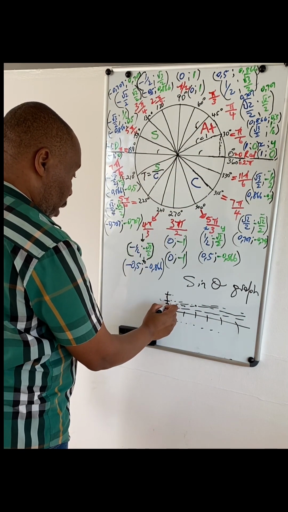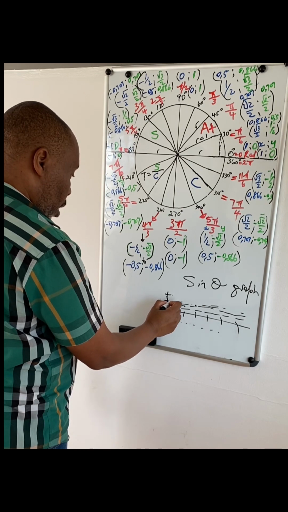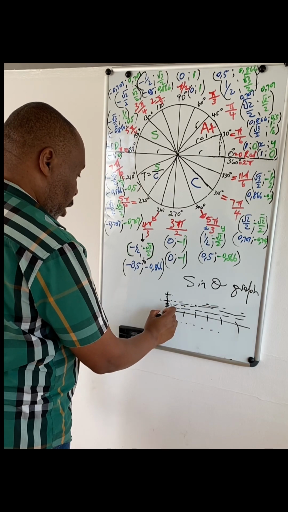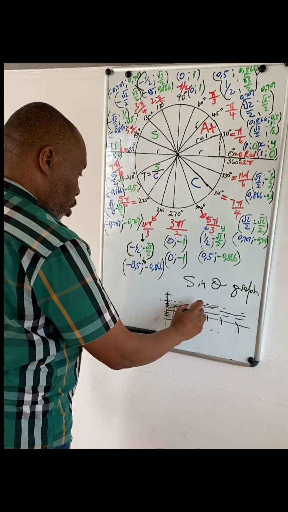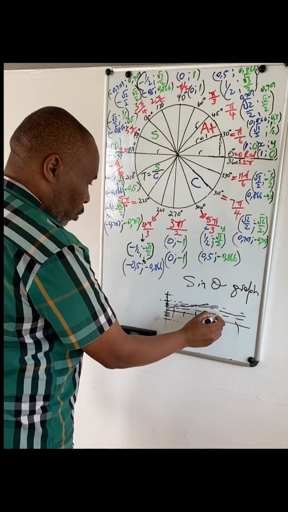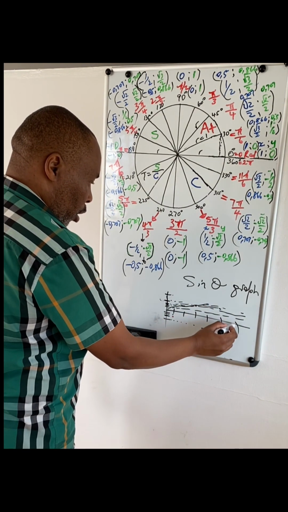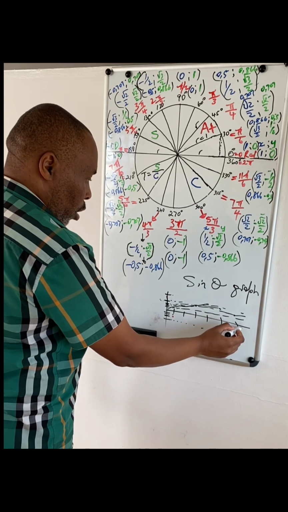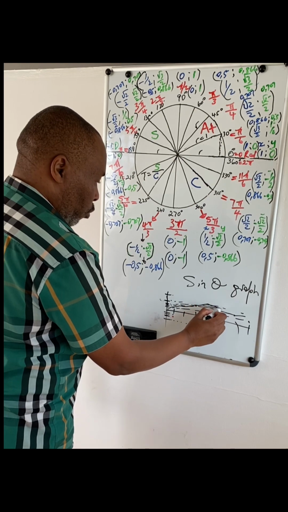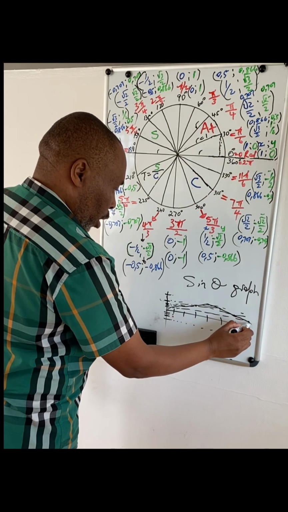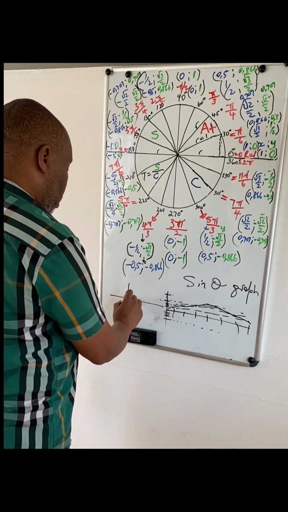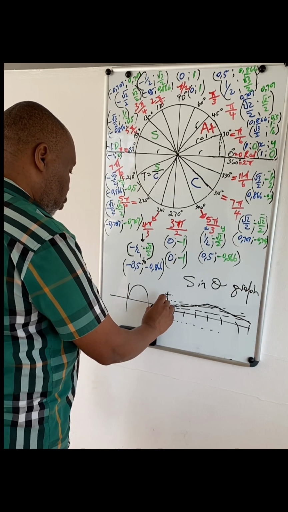And then we put here 1, and our graph will go like this, and then it comes down to this, and then we carry on until it goes right round to do what a sine graph would do.